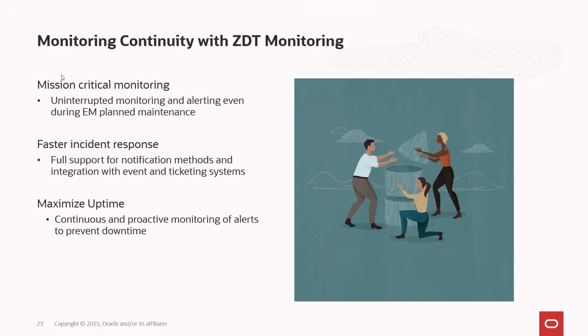So to sum up, with ZDT monitoring, you can achieve monitoring continuity, especially for your mission critical targets, with uninterrupted monitoring and alerting even during planned maintenance periods, because we continue to honor all of your notifications that you've set up. You'll be able to respond more quickly to those incidents, and also hopefully maximize uptime of your monitored targets.